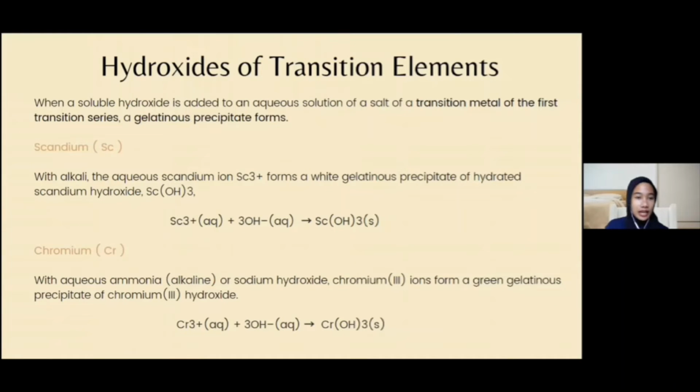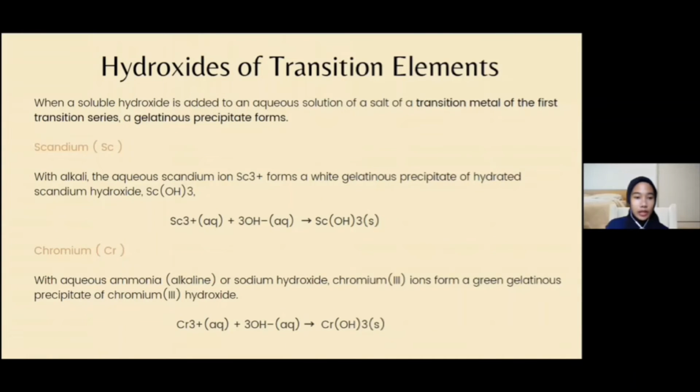First, we have scandium with alkali. The aqueous scandium ion forms a white gelatinous precipitate of hydrated scandium hydroxide. This is the chemical equation for the scandium ion reacting with 3 hydroxide ions to form scandium hydroxide.